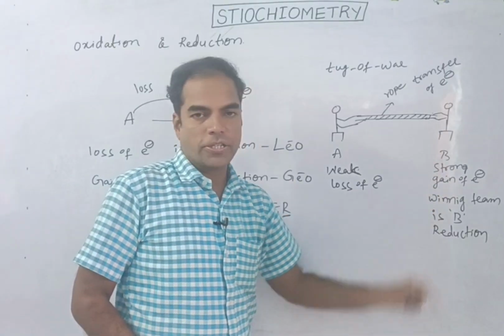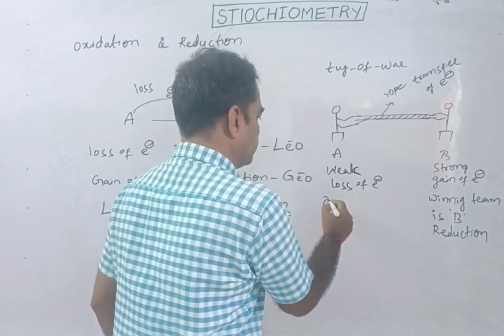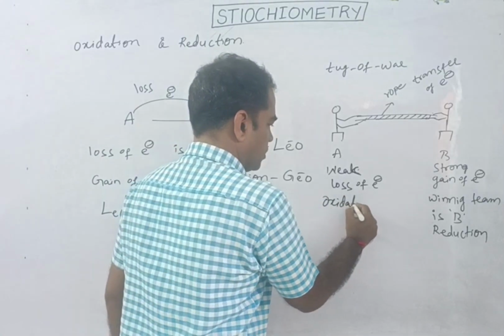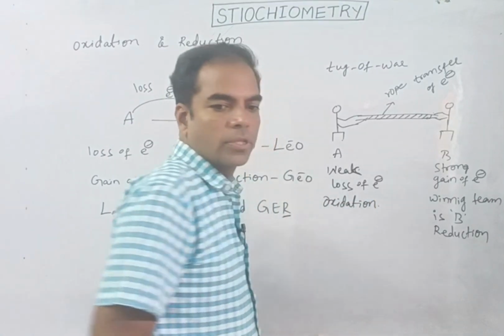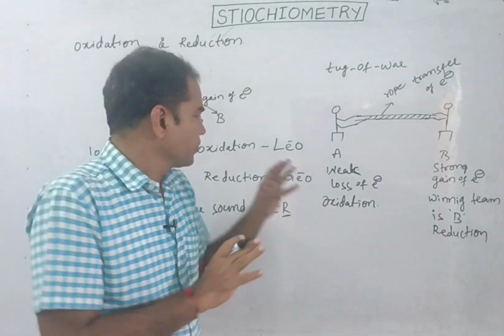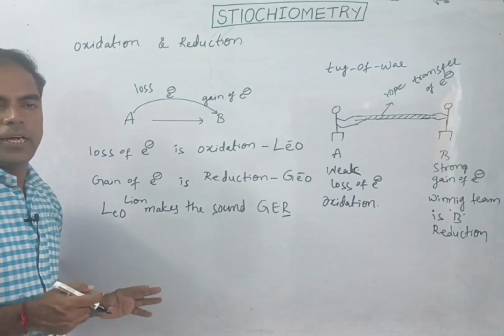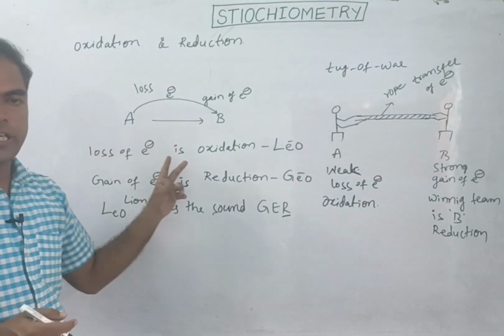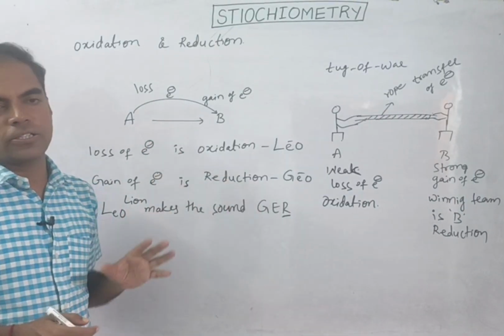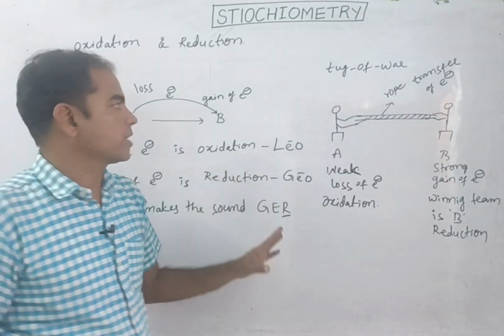That means reduction reaction is gain of electron, and loss of electron is oxidation. In this method we can understand oxidation and reduction. What is oxidation? Loss of electron is oxidation. What is reduction? Gain of electron is reduction.